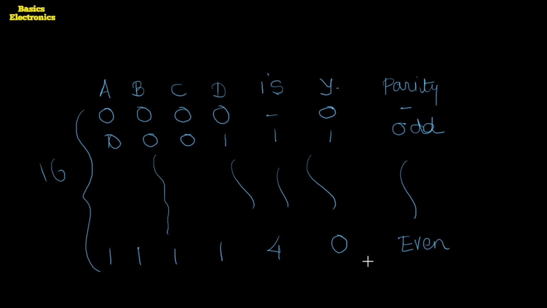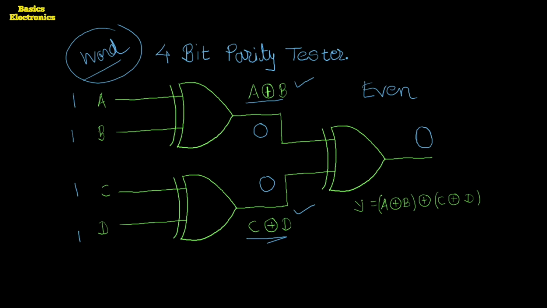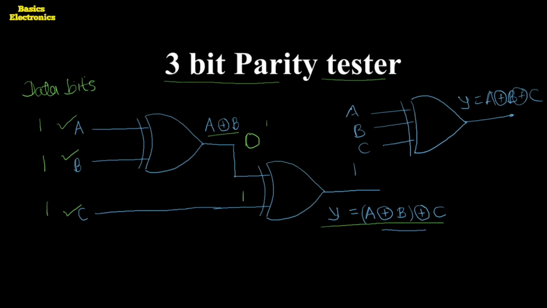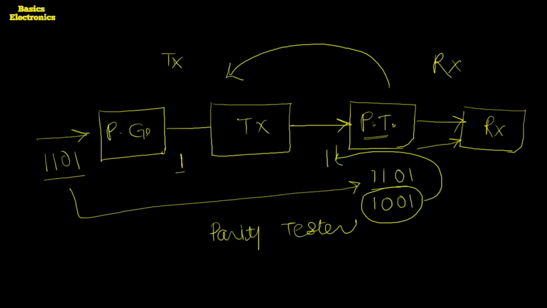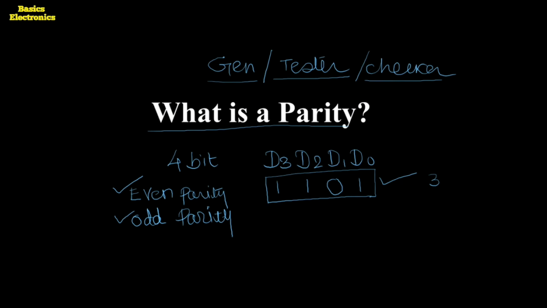When the question is asked in the examination, it is like this: what is the parity tester, or what is the parity generator? Explain its working with the help of its logic diagram. Or they may ask for the 3-bit or the 4-bit, depending on the examination.